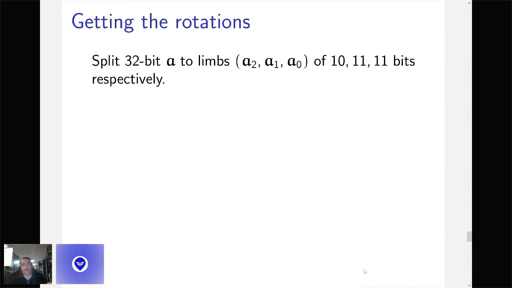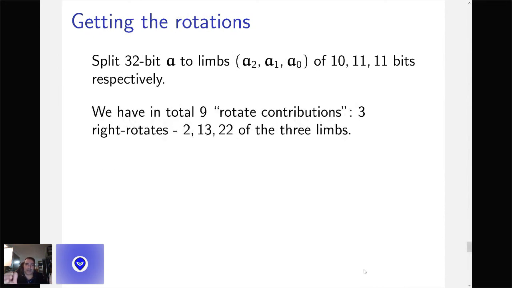I'm going to split my 32-bit A into limbs of 10 bits, that's the most significant bits, 11 bits, and another 11 bits. Like I said, the idea is we want to compute all these rotations.